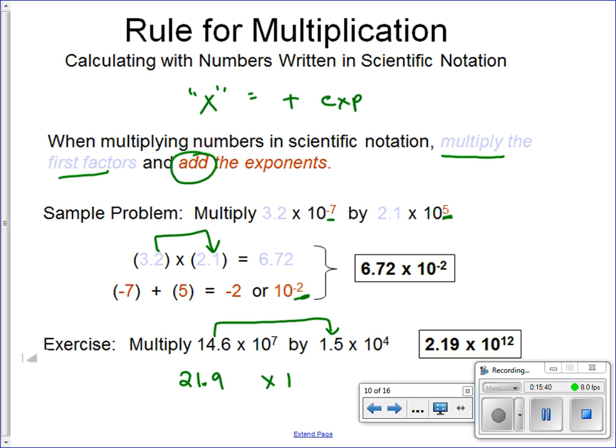And then you have times 10 to the 7 plus 4 is 11. Now, is this number expressed correctly in scientific notation? No, because we have too many digits in front of the decimal. So we're going to move our decimal over one more space, and that adds to our exponent. So now this becomes 2.19 times 10 to the 12th. So remember to make sure that your answer is expressed correctly in scientific notation.